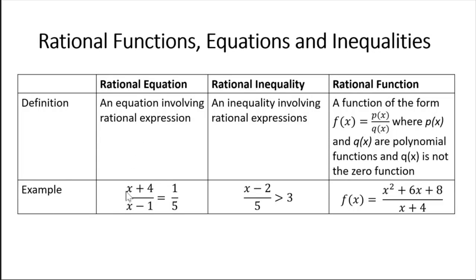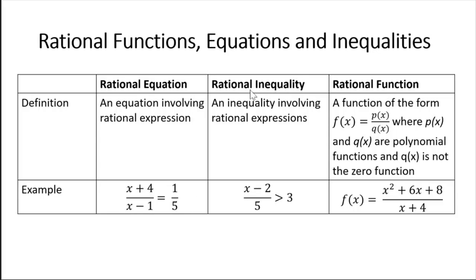Example, x plus 4 over x minus 5 is equal to 1 over 5. It is an equation, and it involves rational expressions. So x plus 4 over x minus 5 is a rational expression, and the same with 1 over 5. It is also a rational expression.